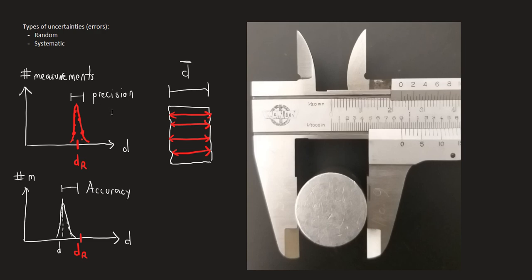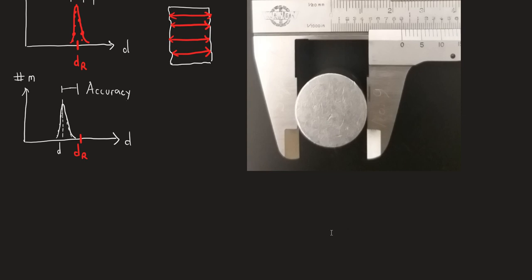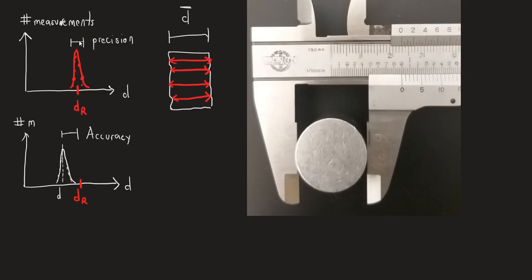So our desire is to have this kind of measurements which has precision and accuracy. Okay, because the center is more or less close to the real diameter, so this measurement is accurate, and also is precise.